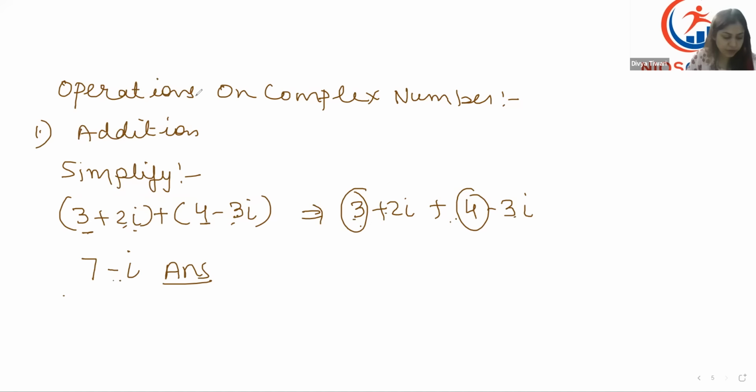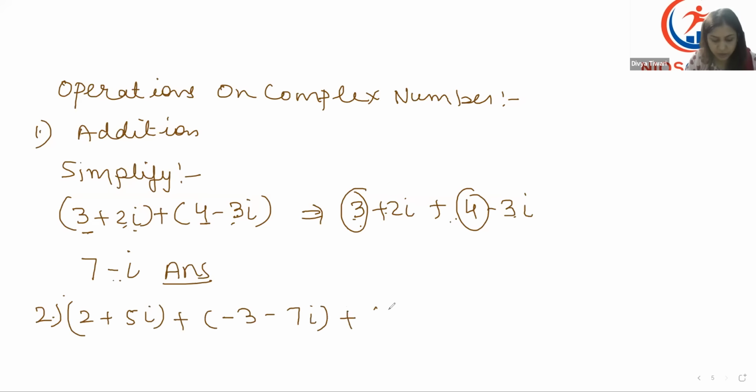Okay. Take one more question of the same type. I have a complex number 2 plus 5 iota. Another complex number is 3 minus 7 iota. And lastly, I have 1 minus iota. So solve or add all three complex numbers. This is Z1, this is Z2, and this is Z3. Solve it and tell me the answer. What are you getting?